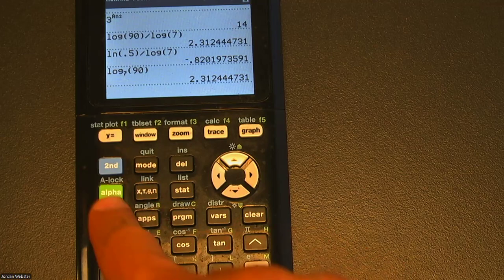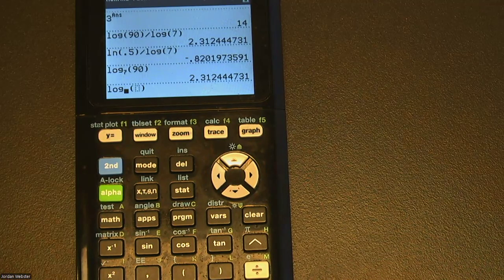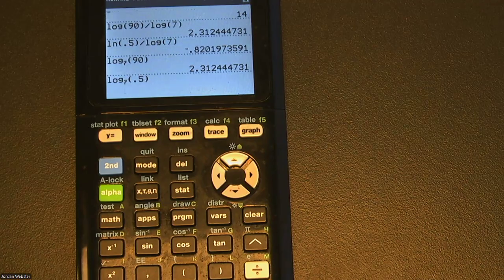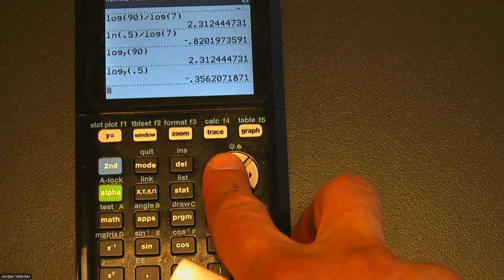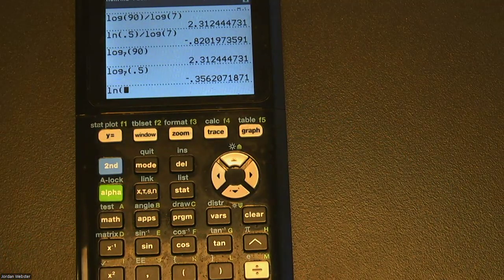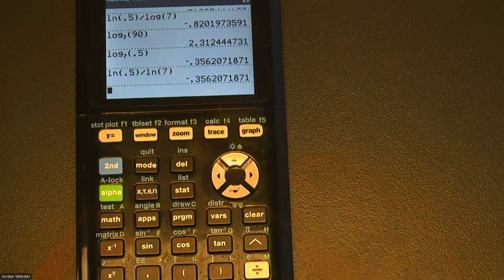And if you do the same thing with 0.5, oops. Oh, that's why I screwed up. I didn't write the right thing. I should have said natural log 0.5 divided by natural log 7. Yeah, negative 0.36.